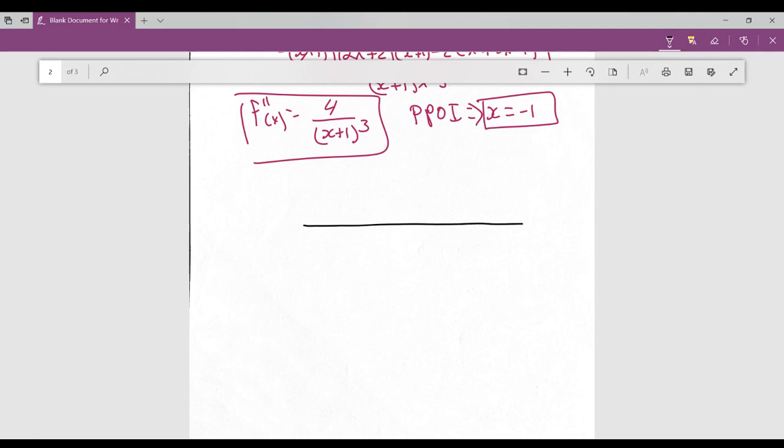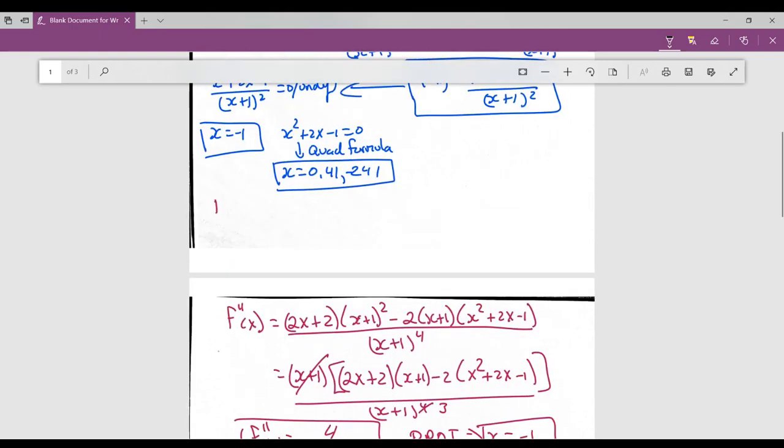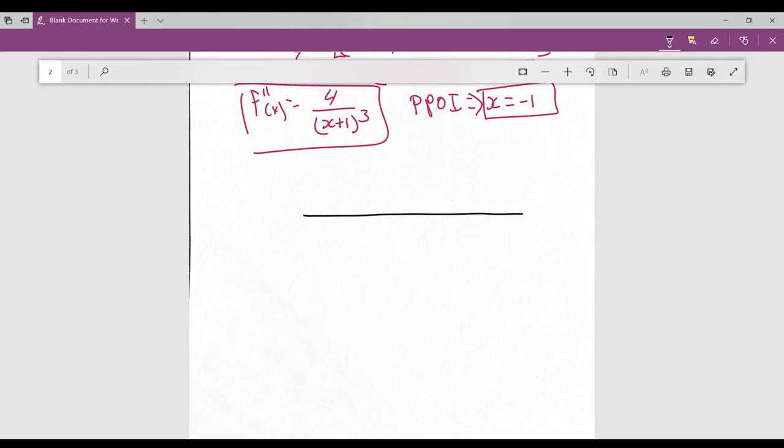And we mark our critical points, which were negative 1, negative 2.41, and 0.41. Scale doesn't matter. Those are critical points, which will tell us information about f prime.